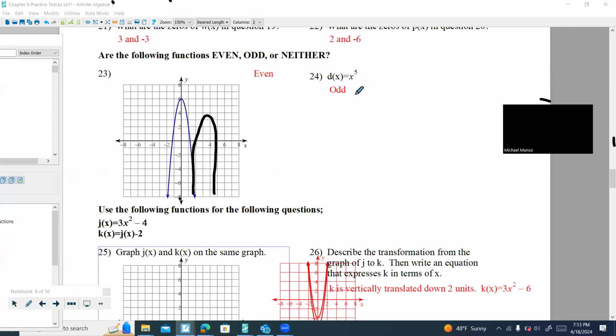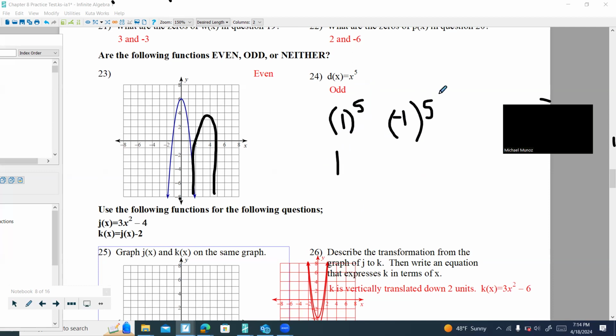On these ones, to figure out if they're odd or even, you plug in a 1 and a negative 1 into both of these equations and see what they come out to. If they come out to the same number, then they're even. But if they come out to the same number with opposite signs, they're odd. And if they come out to completely different numbers, they're neither. So if I did 1 to the 5th power, taking 1 times itself 5 times, I'm going to get 1.